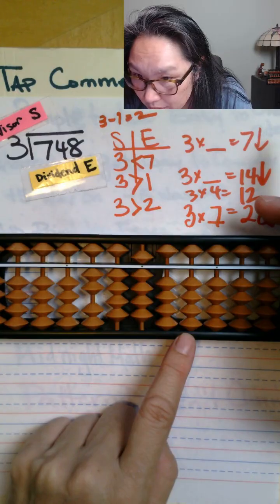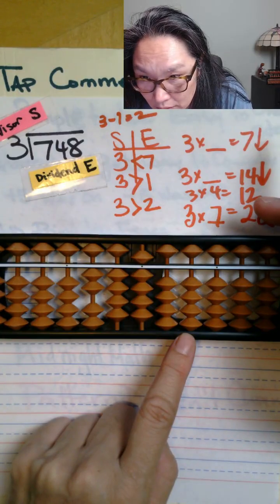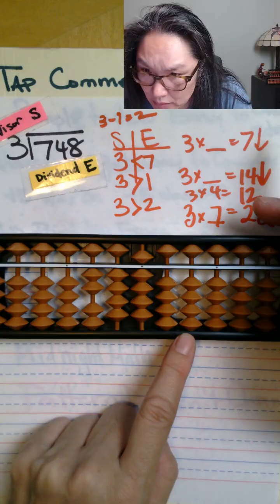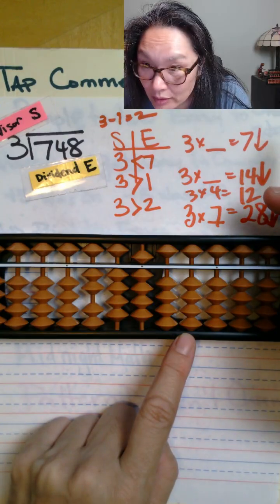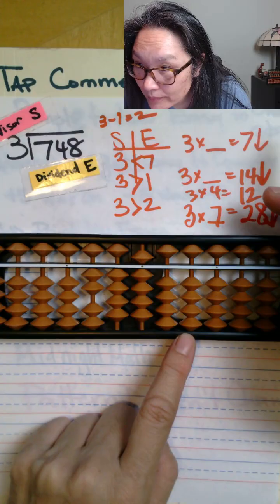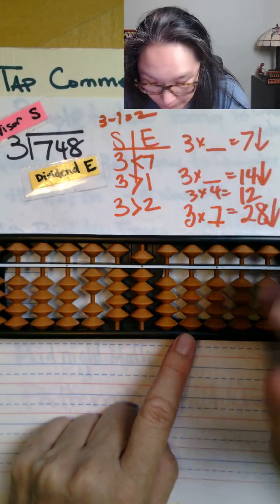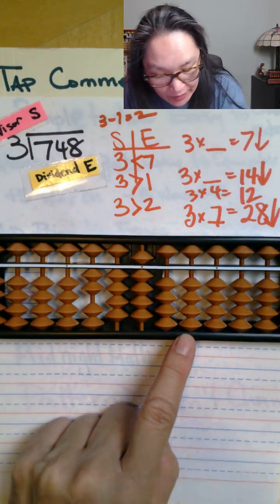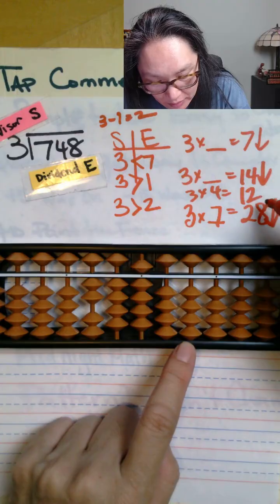Where did I put my answer? 7. Oh, ha! I wrote it wrong. This will be 4. Anyways, there's 27. Oh, I see.